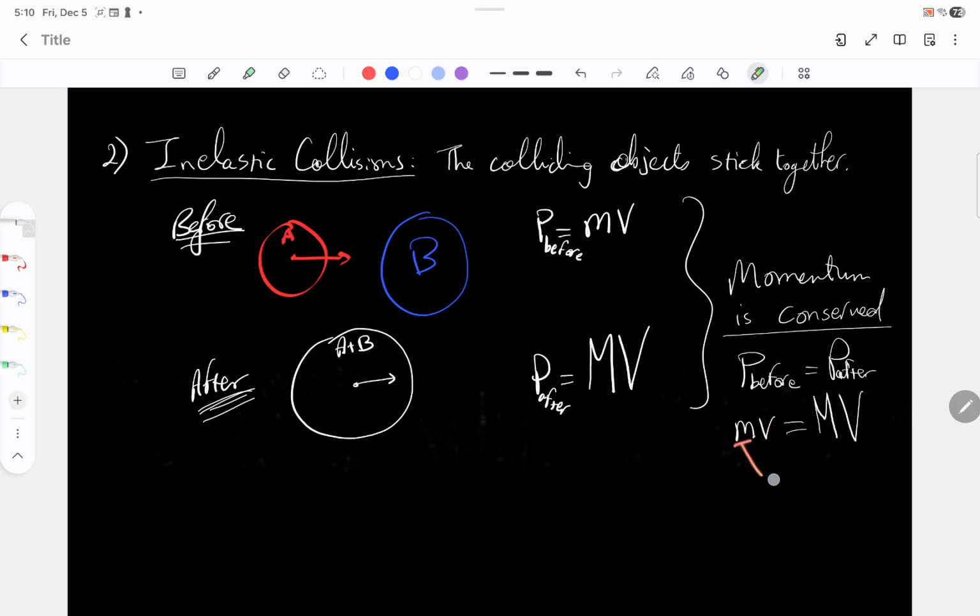So this m is not the same as this M, and this v is not the same as this V. But the multiplication of this m and this v is going to be equal to the multiplication of this M and this V. So it's a very neat formula to use, and we're going to look at an example.